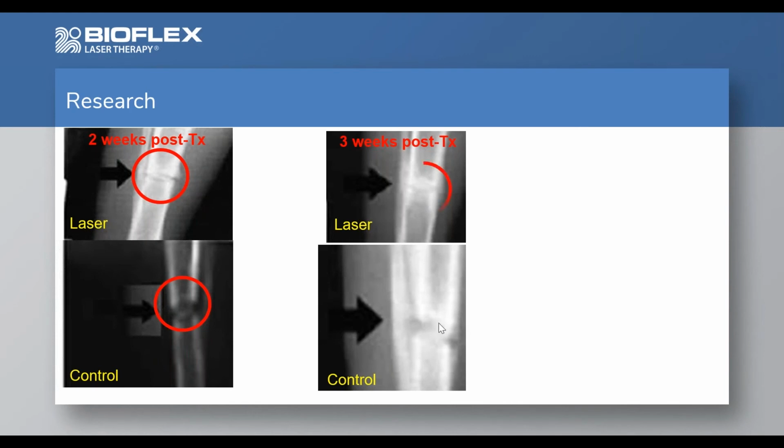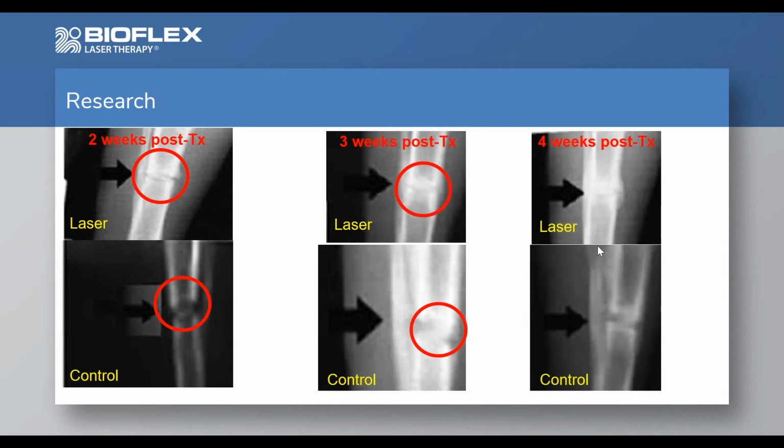And then 4 weeks out, you can see that the laser group was healing quite nicely, whereas there's still a significant gap. So it wasn't just a fracture; they actually did an osteotomy. So it was quite a big gap in between the bone.